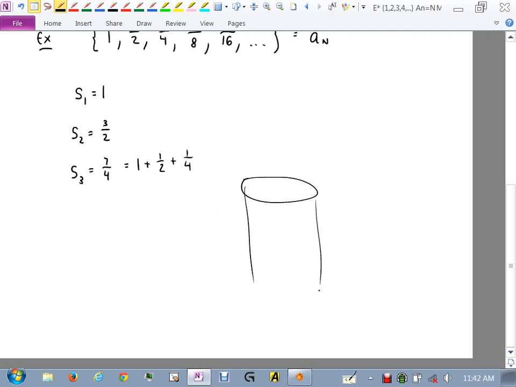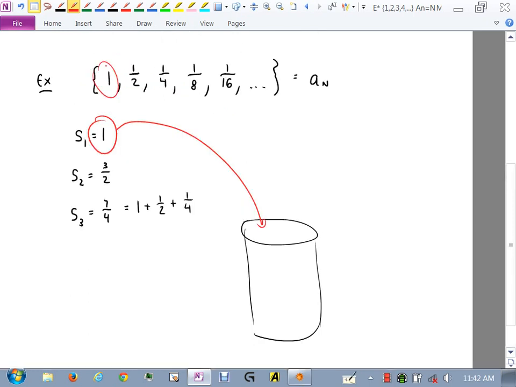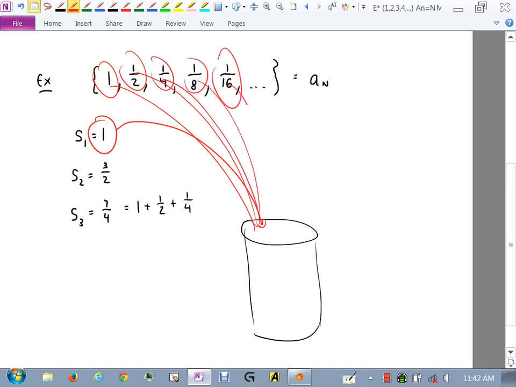If you look at it like a real problem, let's say we have a bucket. This bucket's finite. I'm going to first throw 1 ounce of something in there, right? Then I'm going to throw in 1/2 an ounce, and then 1/4 of an ounce, and then 1/8 of an ounce, and then 1/16 of an ounce.